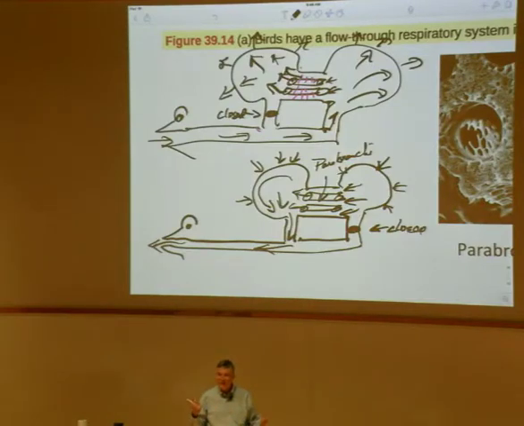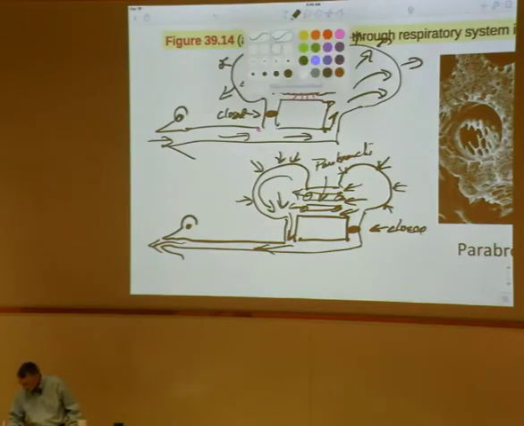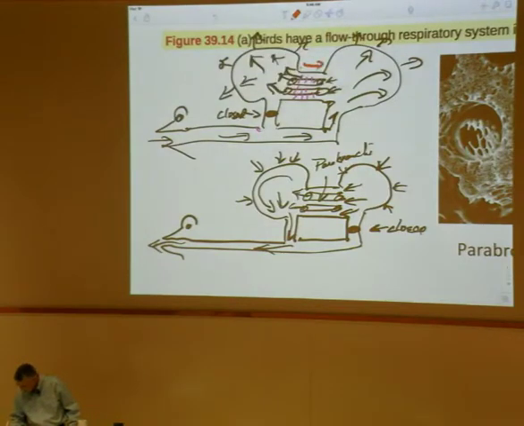Which way would you predict the blood is going? On here, left to right or right to left? Okay, you would predict countercurrent. Now, it turns out the distances are too long, the anatomical structure is a little more complex. They can't manage a true countercurrent.